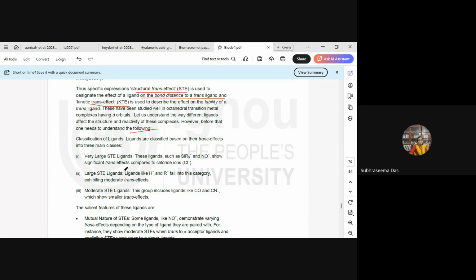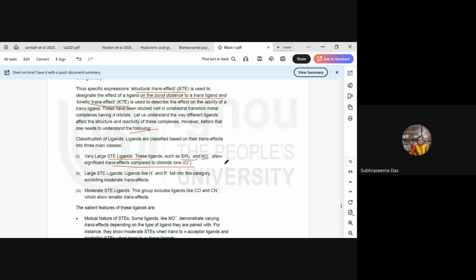The first is the very large STE ligands. These ligands are SiR3 minus and NO minus. They show significant trans effect when compared to chloride minus. So that is why they are called very large STE. Then comes large STE.